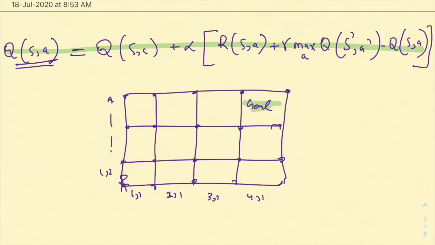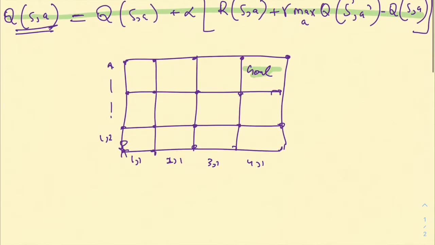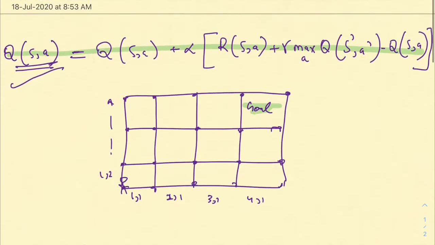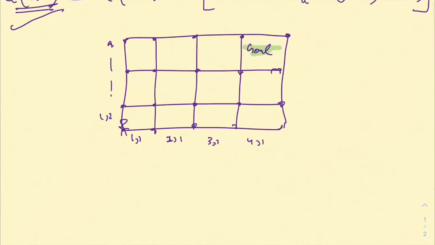So for every state that the agent can be in, we have to find the optimal action, or the action that maximizes the reward, and this equation helps us do that. All right, so in the end we would be able to code an agent in C++ that is able to find a path to the goal, and the path would be the optimal path to the goal. So that's what we are going to do.